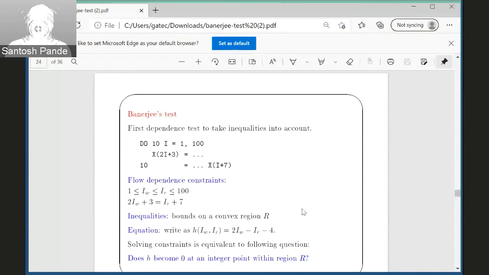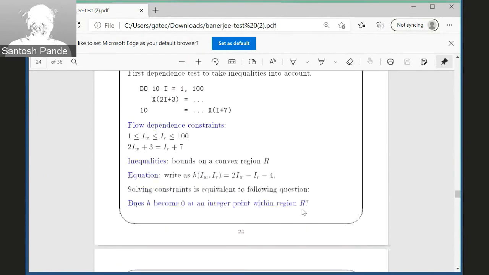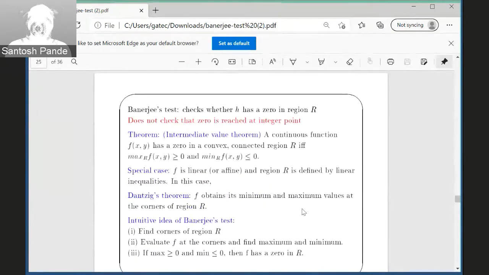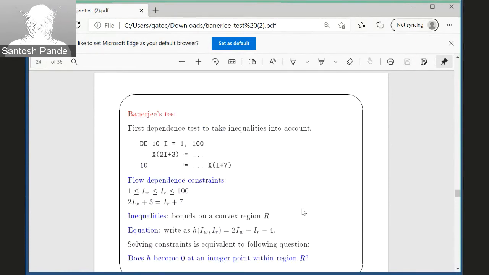So coming back to this, we rewrite this, and our goal will be to find out whether this particular expression is zero or not. So if you look at this particular function 2iw minus ir minus 4, it will span different values for different values of iw and ir. It will evaluate to different values.